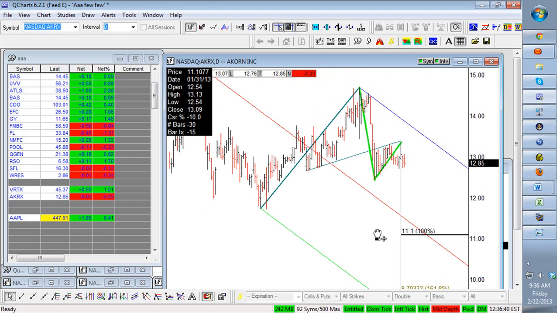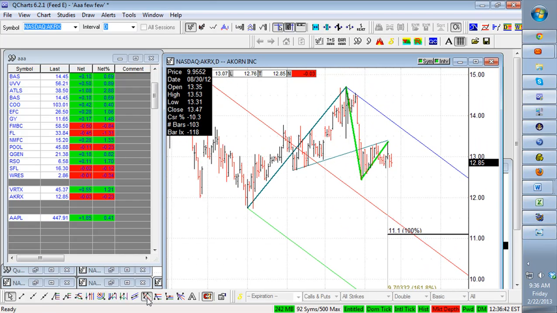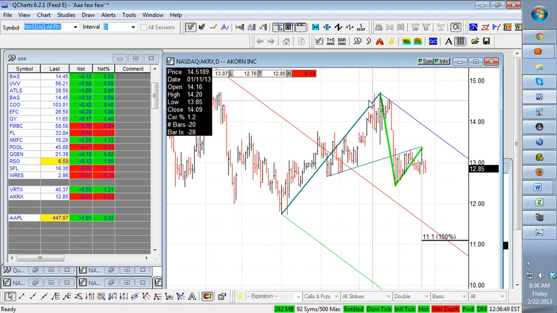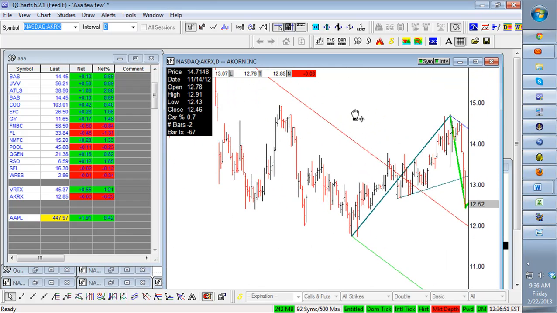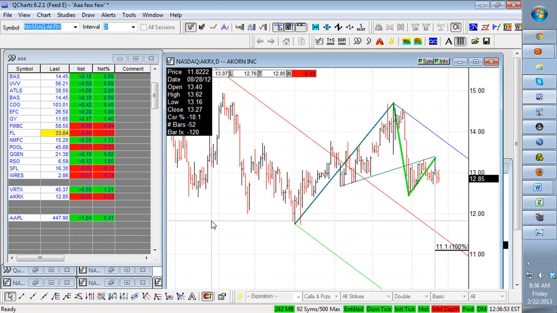Right? And if it gets there early, if it gets to the 100% point early, well, let's see if we can draw in these other lines. Oh, sure we can.